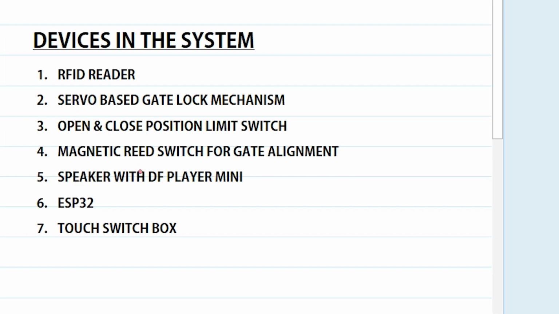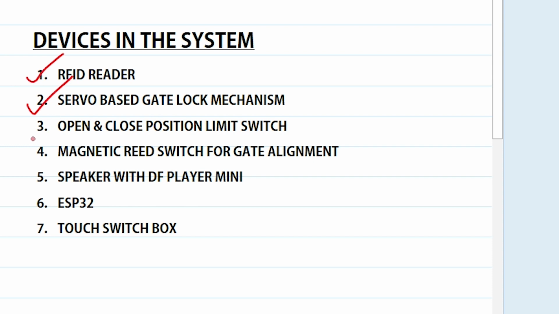So to understand the code, first we have to know what devices there are in the system. First is the RFID reader, by which we are scanning the RFID cards, and second is the servo-based gate lock system, which we have shown you in the last video.